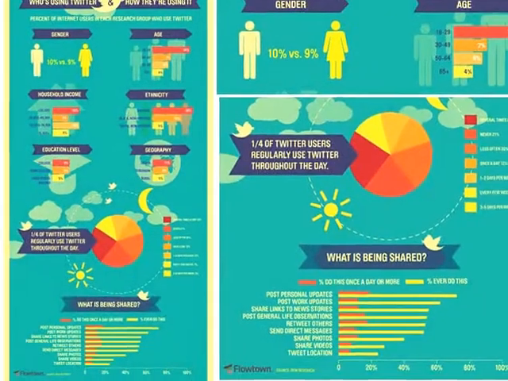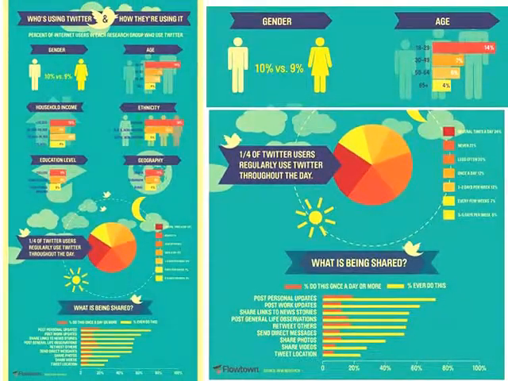The next slide is the first example we wanted to show you. This is a long-form visualization. I think that was published by a media group called Flowtown, and it looks at Twitter use, who's using Twitter, and some demographic statistics about Twitter use. Yeah, I like this one. It's a very common trope for using infographics, where you have 2 columns down the middle, very large-form infographics, so you can see what they're doing.